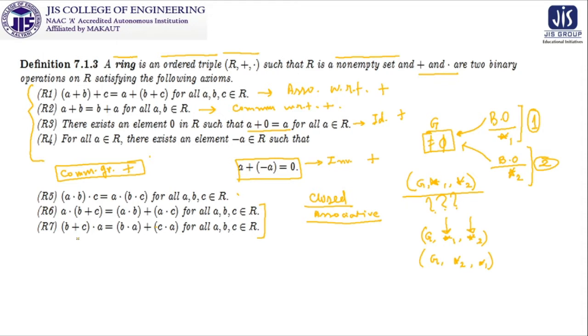And similarly, if it is (b+c)·a, then it is b·a + c·a. So it is the distributive property. If all these properties hold for the structure (R, plus, dot), then it is called a ring.